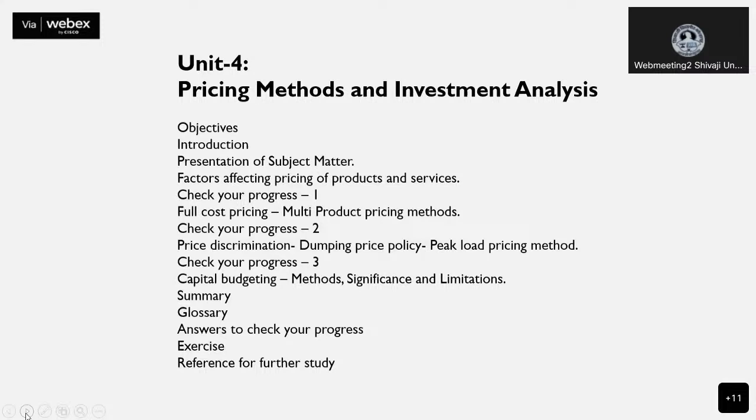The same paper pattern is applicable from here on. So, looking at that pattern, there is zero scope for multiple choice questions. Only short answer and long answer questions, especially long answer type questions, will be asked in your university examination.